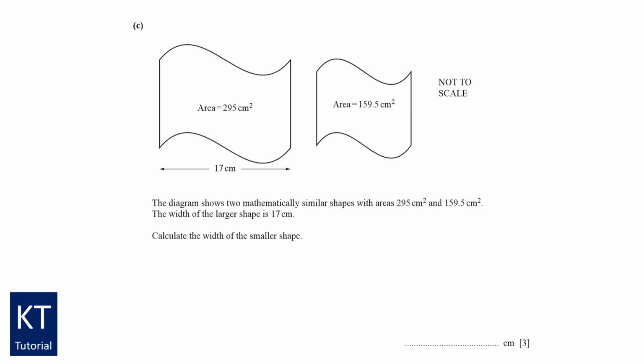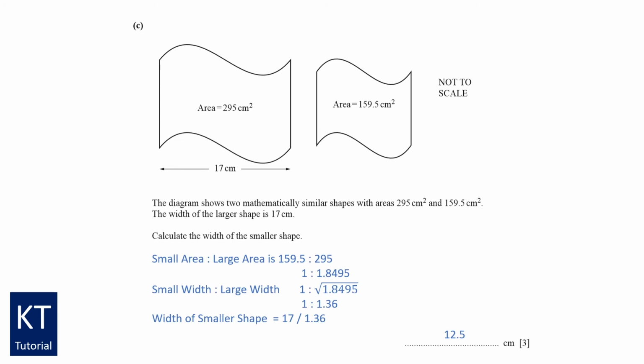Question 10c. The diagram shows two mathematically similar shapes with areas 295 cm squared and 159.5 cm squared. The width of the larger shape is 17 cm. Calculate the width of the smaller shape. Start by expressing the ratio for the two areas.